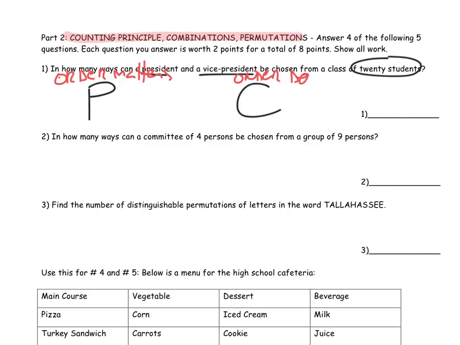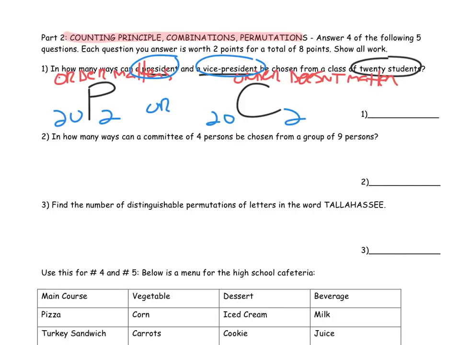And here we've got to pick from 20 students. So each of these opportunities, you have 20 total, and you're picking a president and a vice president. So you're picking 2 of the 20. So your answer is either 20P2 or 20C2.